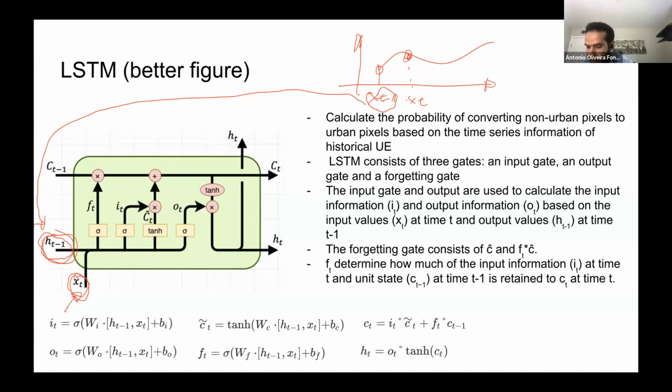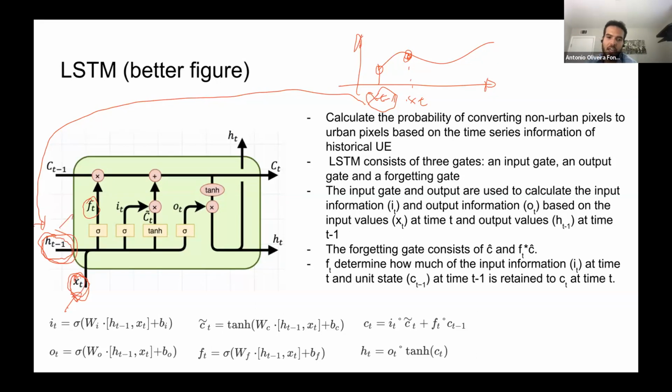Then I have one gate that's called the forget gate. Essentially, it's going to learn how much information from the previous time step I should incorporate to be able to make a good prediction for the current time step. Remember that xt in this case is all the information we have with respect to the current urban area boundaries, all those driver factors that we had discussed before.